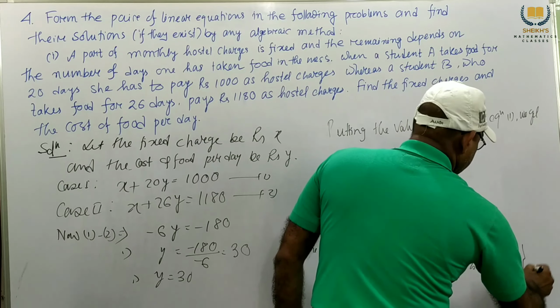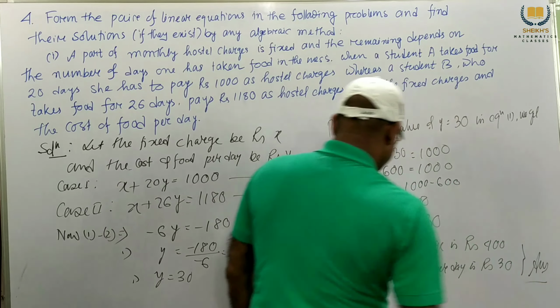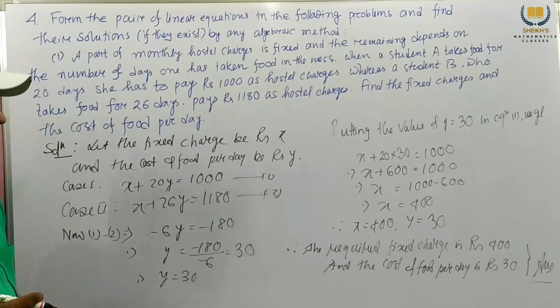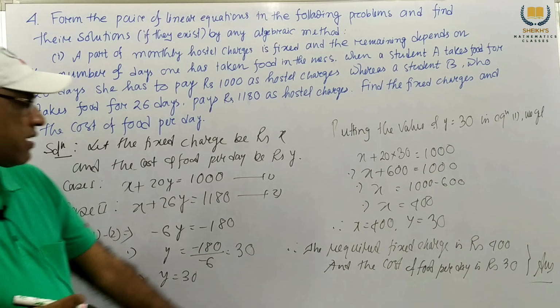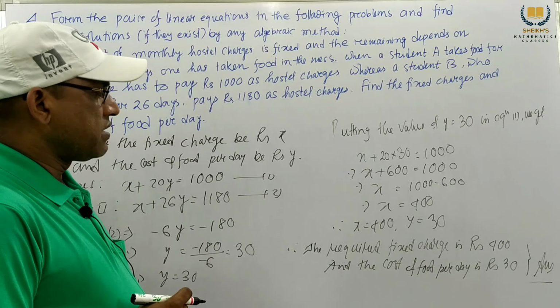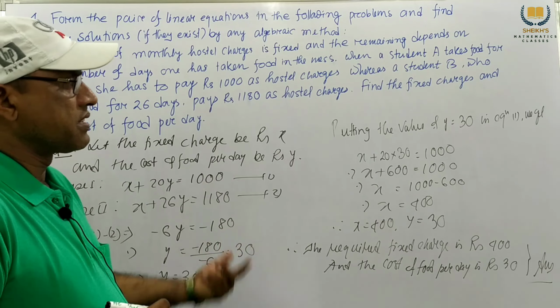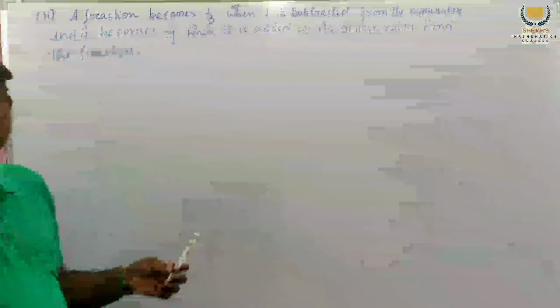This is our answer. The required fixed charge is rupees 400 and the cost of food per day is rupees 30. This is our answer. Now we consider one more problem.